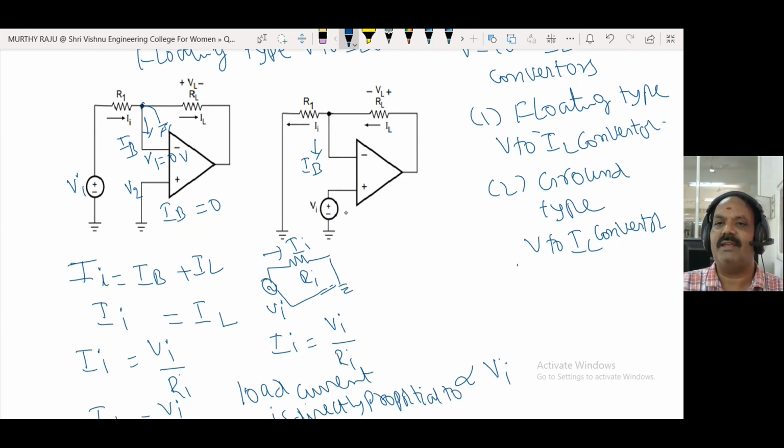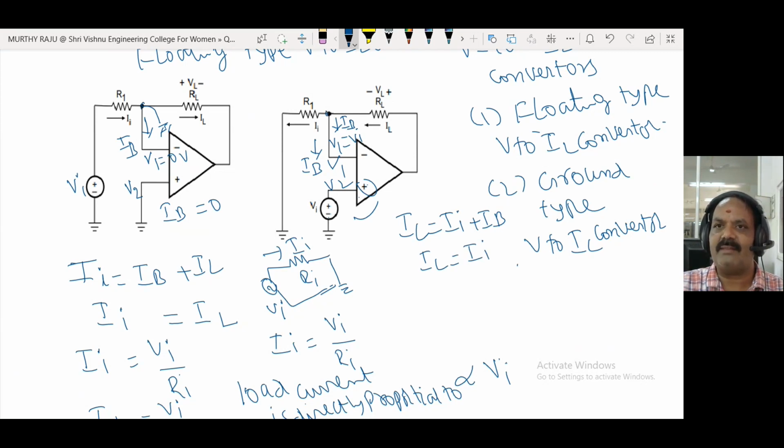Coming to the second one, here VA is applied to the non-inverting terminal of the op-amp. According to the virtual ground concept, V1 is equal to VA. Whatever voltage is available here, that voltage is available here. Again, IL is equal to IA plus IB. IB is equal to 0. IL is equal to IA.